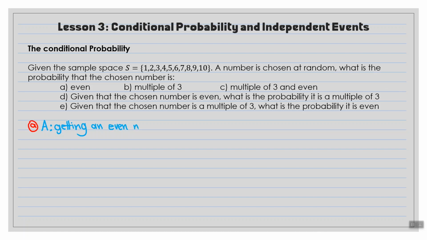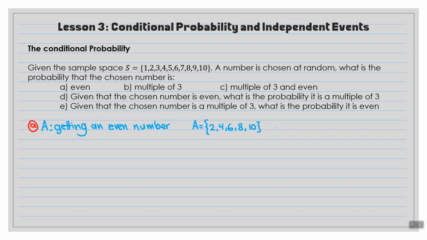Now, before we calculate the probability of getting an even number, it's always good to list the possible outcomes with which you can get an even number. Now you're going to choose a number from this list. What numbers can you choose and they are even? You can choose 2 or 4 or 6 or 8 or 10, right?